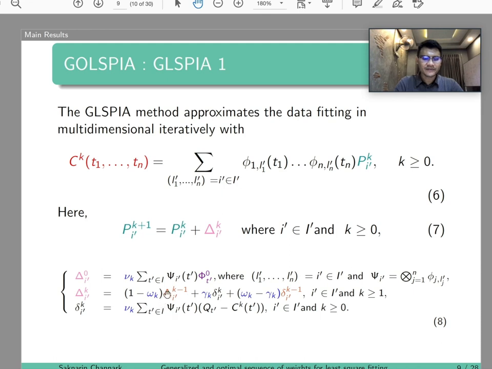Moreover, we use delta_i' k-1 from the previous curve also, and we use psi_i' equal to the tensor product of phi_j I_j' like this.